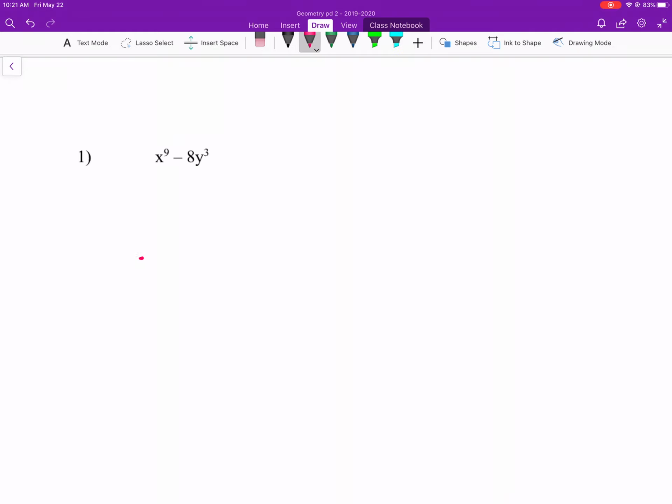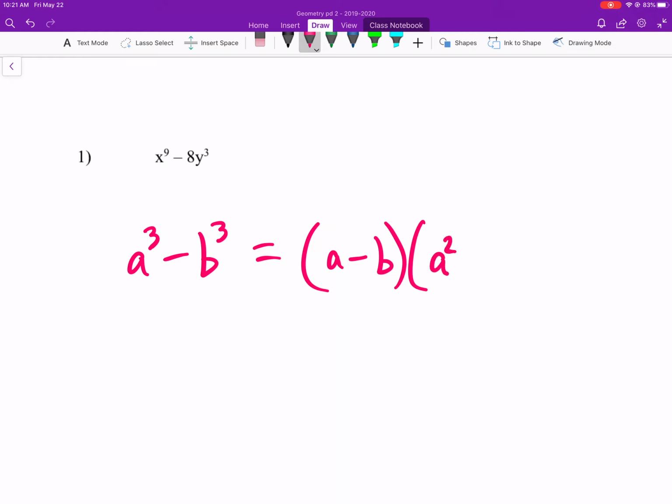So now we have the difference of two perfect cubes. Now, remember what the factored form will look like. If it's the difference, the factored form is a minus b times a squared plus ab plus b squared.